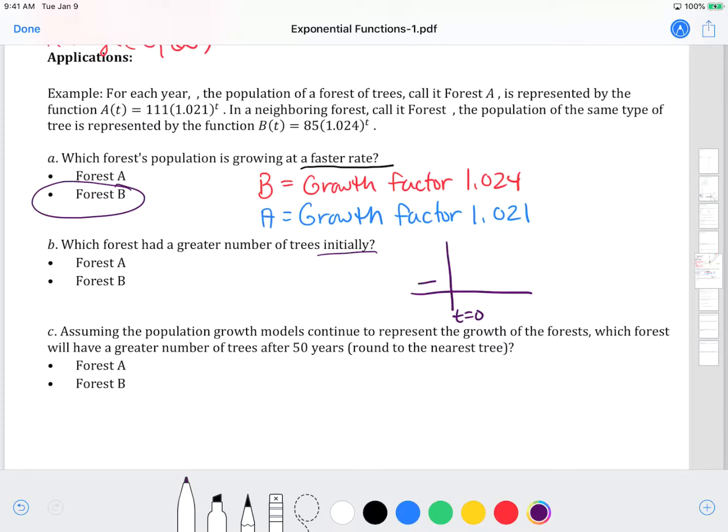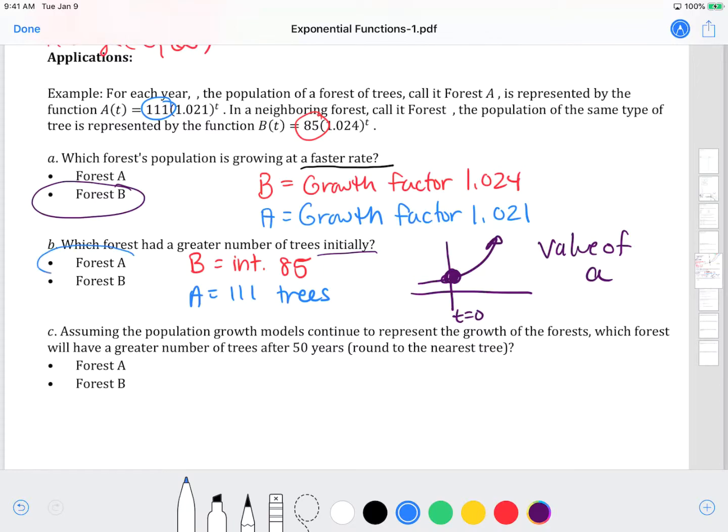The initial value would be the y-intercept, which is our value of A. So if I look at forest B, it has an initial value of 85, because that's what's in front as our coefficient. So forest B starts off at 85 trees, and forest A starts off at 111 trees. So forest A, even though forest B is growing faster, started with more trees.